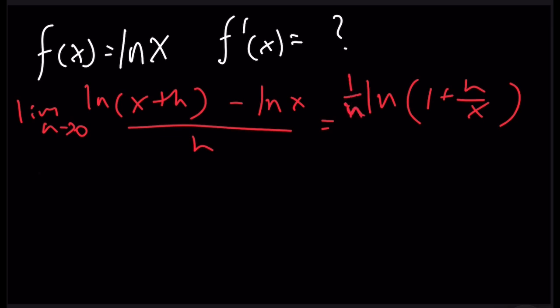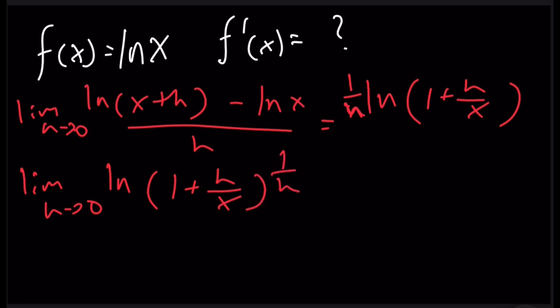And the reason for this is we can rewrite this limit as the limit as h approaches 0 of the natural log of 1 plus h over x, to the 1 over h. And as we just asserted, the definition of e is 1 plus 1 over h to the h.